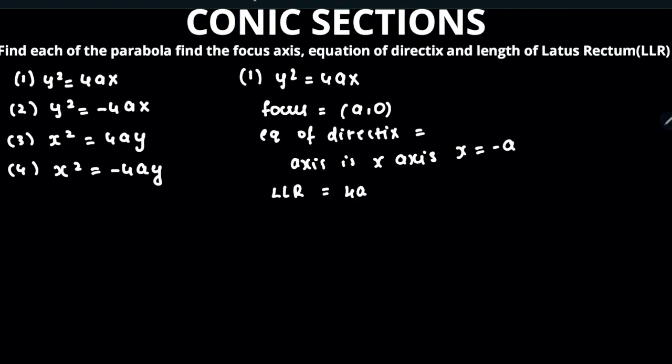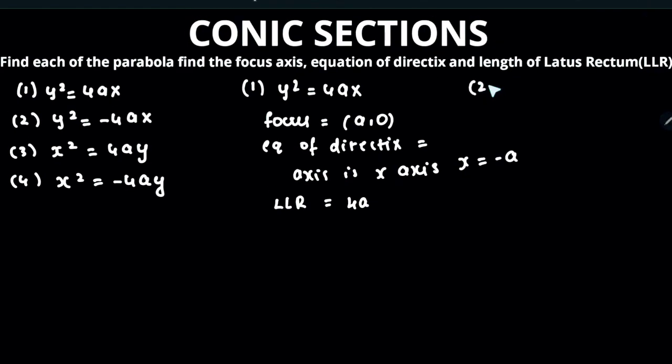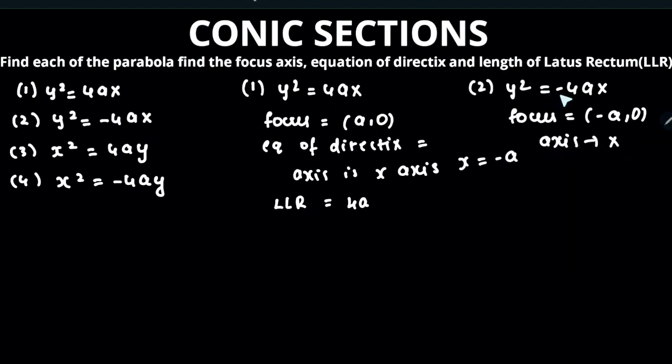So let us move on to the second form, that is y square is equal to minus 4ax. For this, can you guess what is the focus? Yes, minus a comma 0. Focus is minus a comma 0 because as there is a negative sign here, of course it becomes minus a comma 0. And equation of directrix, you have to write which axis. Of course it is x-axis because y square is equal to minus 4ax.